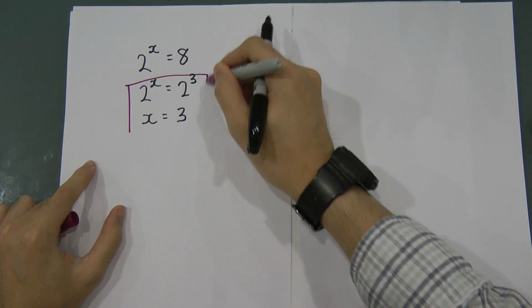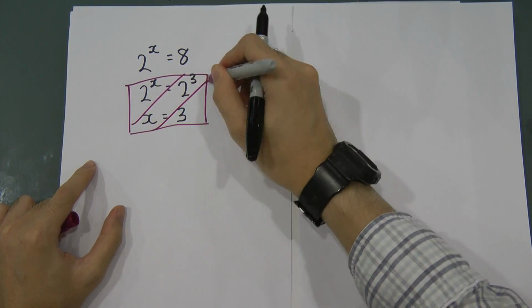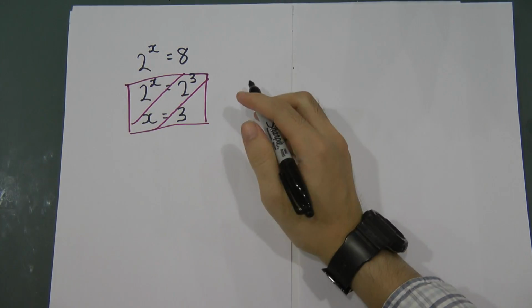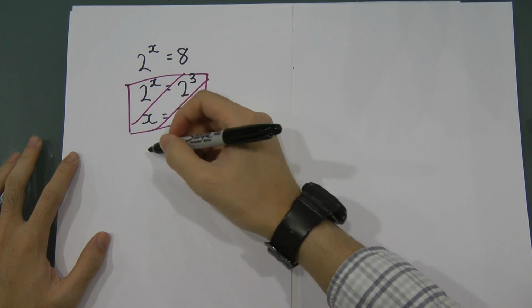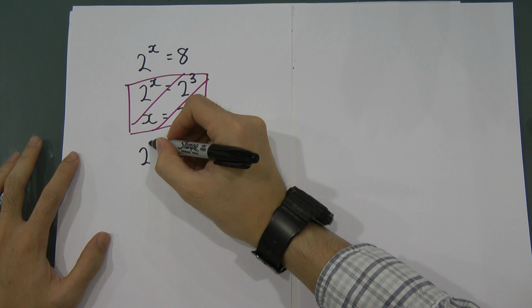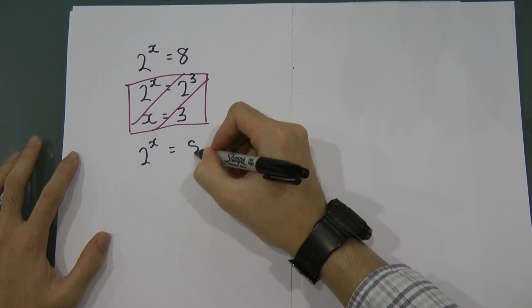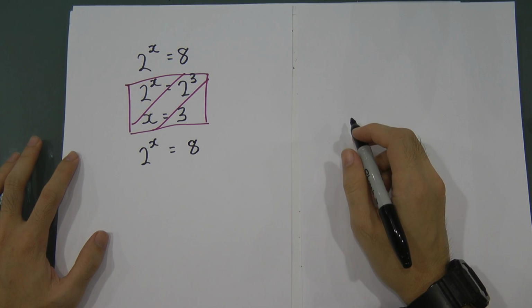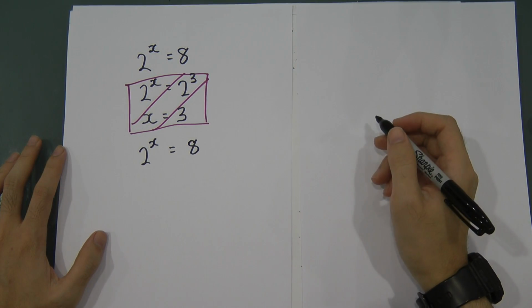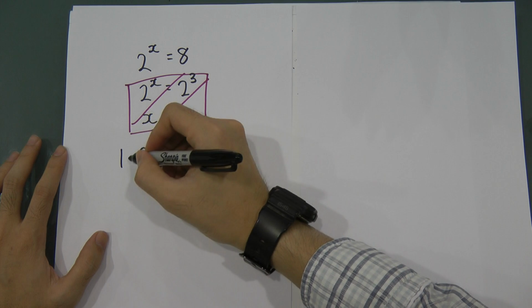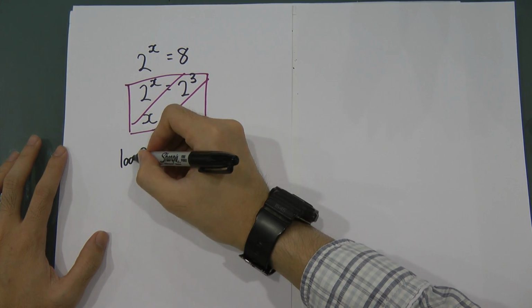Indices is not what I want to discuss over here, so just ignore this one. Okay, how about if I use log to solve this question? Let's say 2 power of x equals 8. If I use log to solve this question, what I need to do is add log base 10 for both sides.